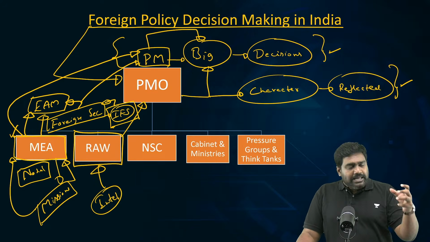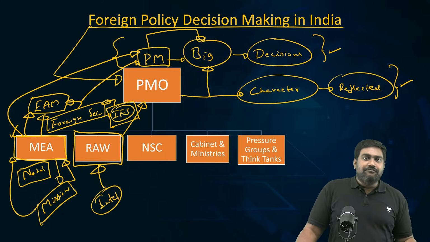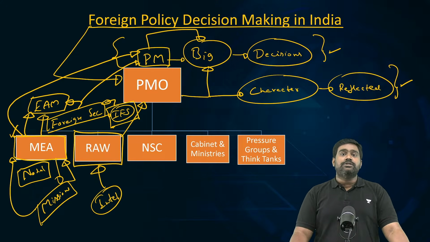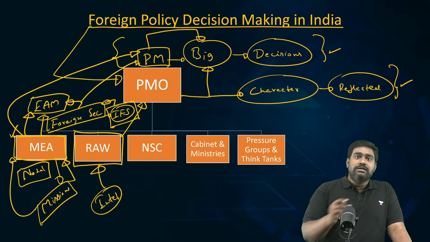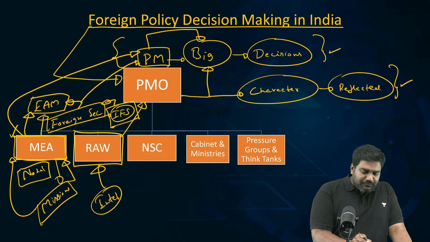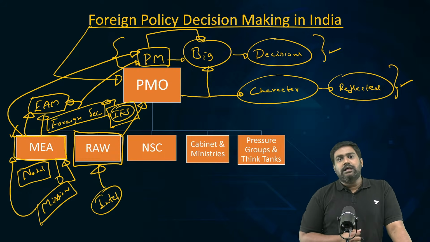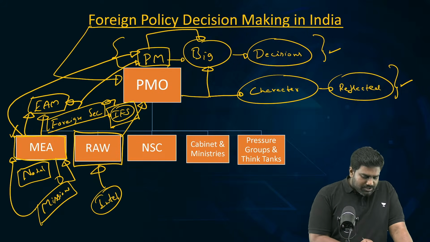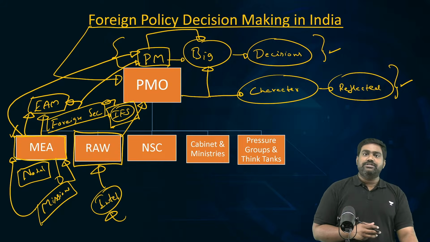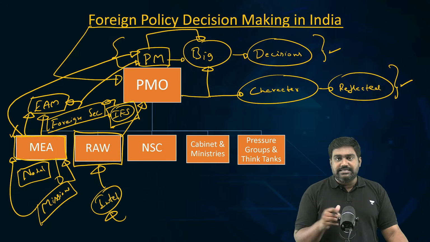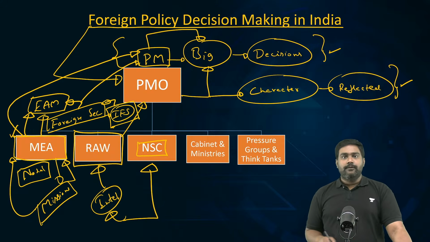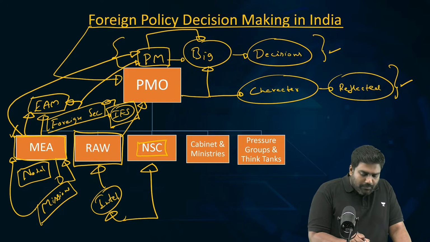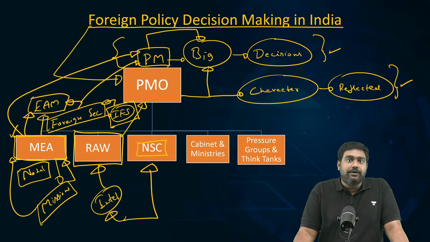For example, spying on military information of target countries, spying on the political and social developments of other countries, getting those inputs and feeding them to the hierarchy. So RAW generates very crucial intelligence. In fact, all the intelligence agencies collate their intelligence at the National Security Council, which has been playing a predominant role in our foreign policy of late.